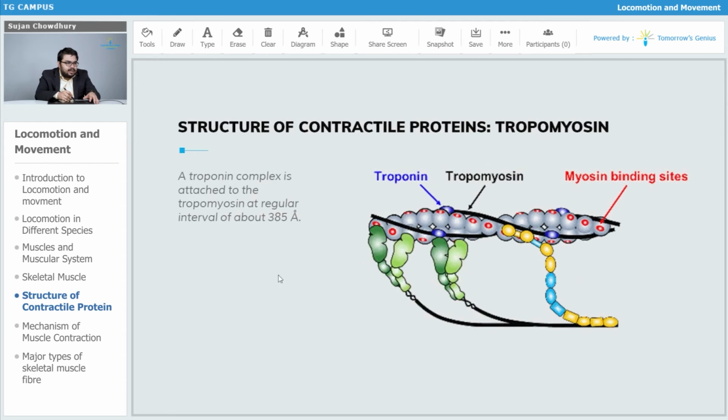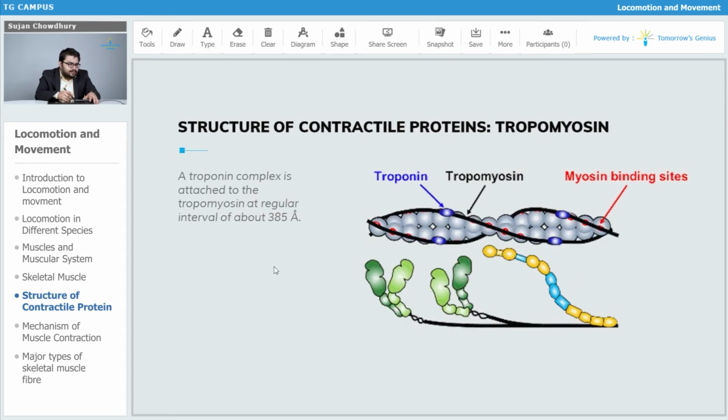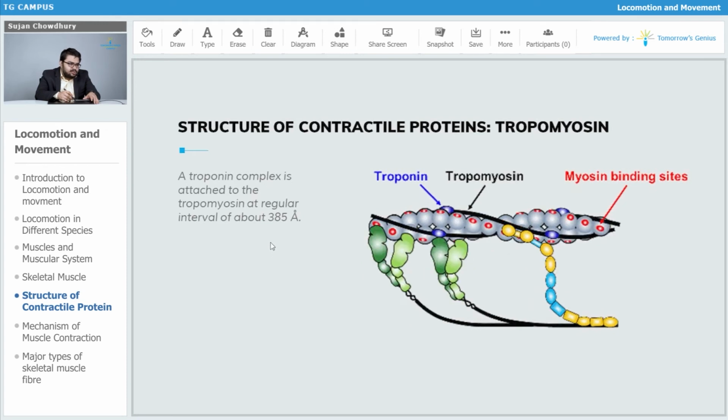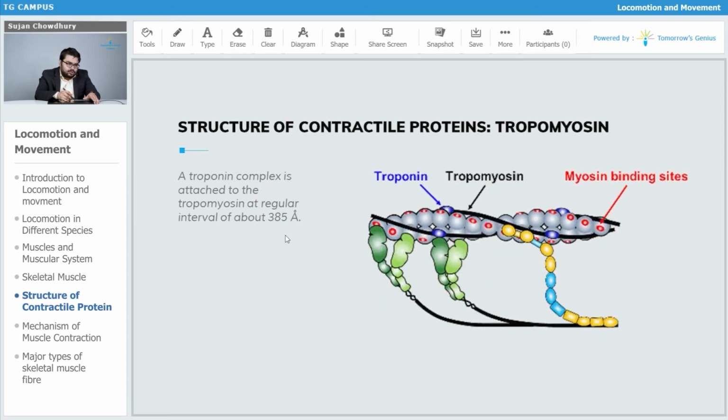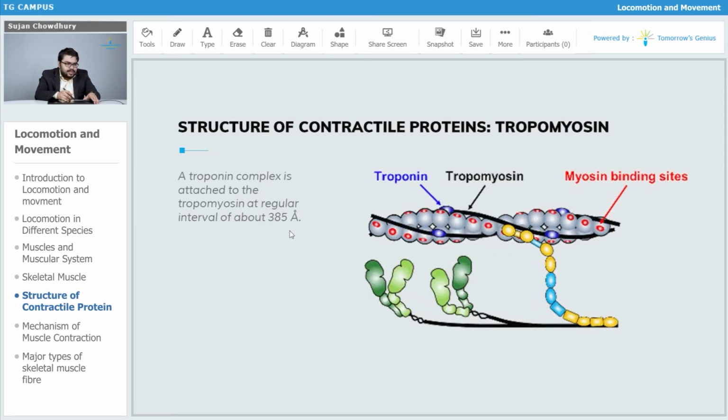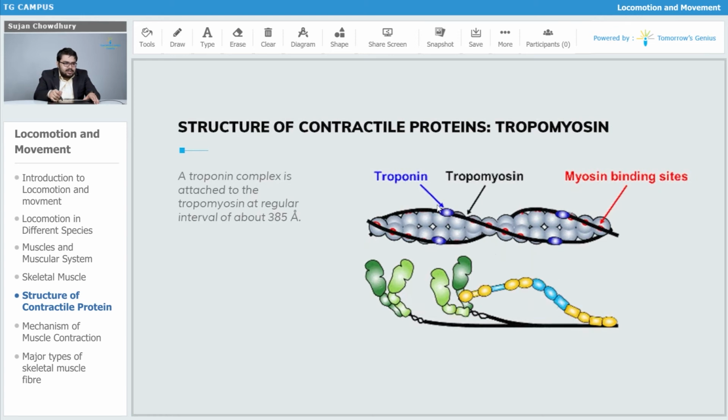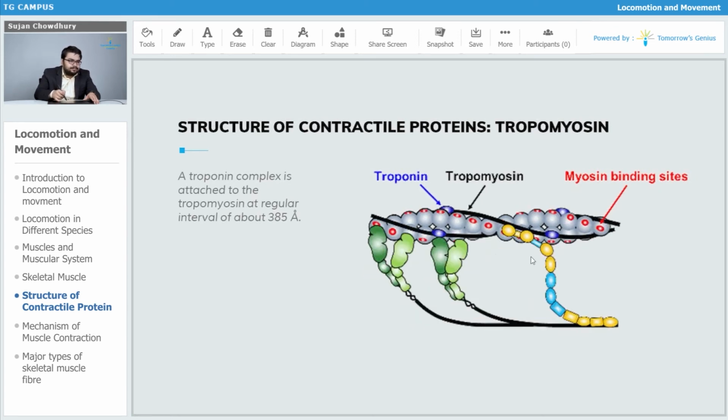Next we have a troponin complex. The troponin complex is attached to the tropomyosin at regular interval of about 385 angstrom. So yes, we have the myosin binding sites on actin, definitely.